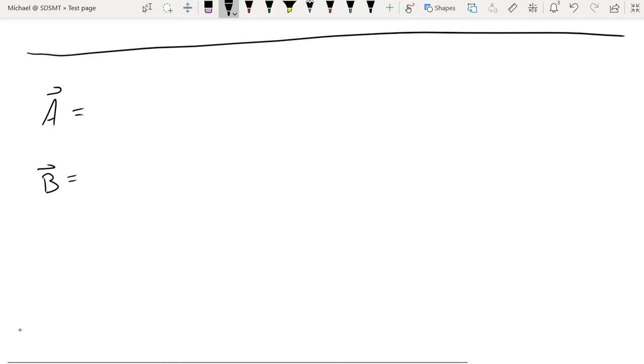So vector A, we'll say vector A has components of 3 in the i hat, 5 in the j hat, 8 in the k hat. And if you remember, your i, j, k's are synonymous with the x, y, z directions of your vector. And then we'll plug in some values for our B vector.